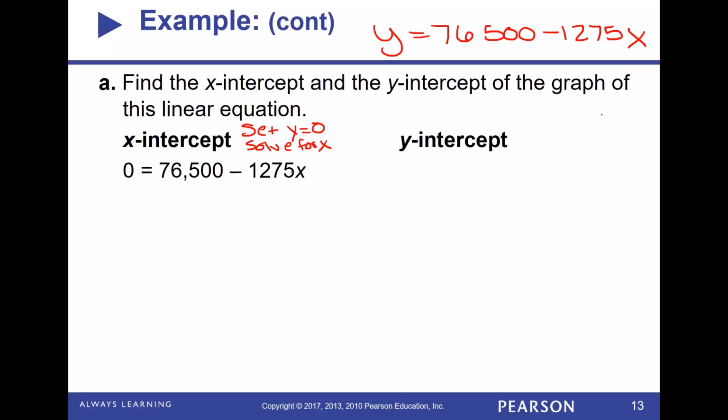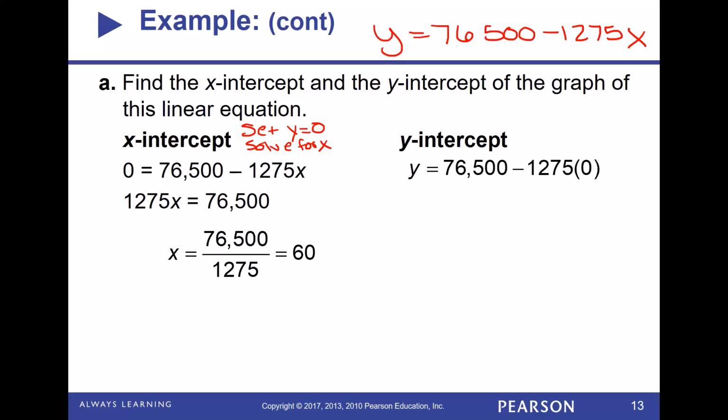So I want to isolate this term by adding it to the other side. When I add it, since it was subtraction here, that's why I added it. We have 1,275x equals 76,500. Now I have that times x, so the opposite of multiplication is division. And when I divide it out, I end up with 60.